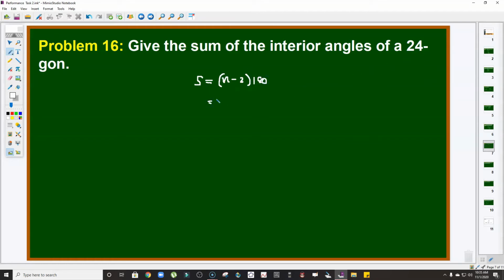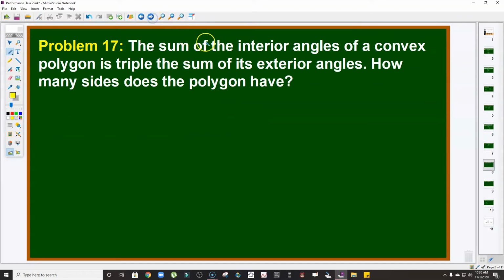Since n is 24, that's simply 22 times 180. Multiplying is easy, and that will give us 3,960. See that?